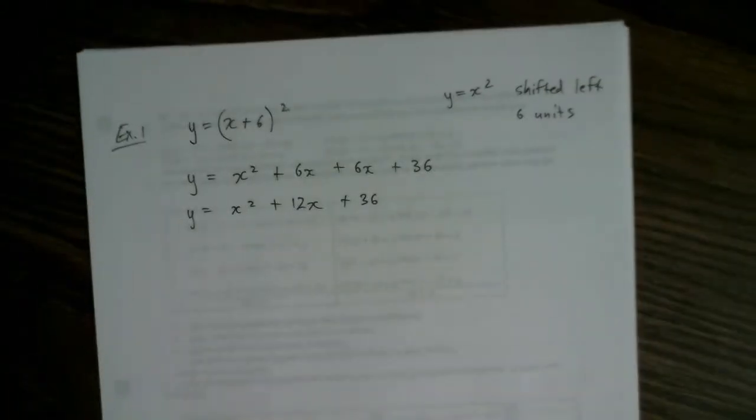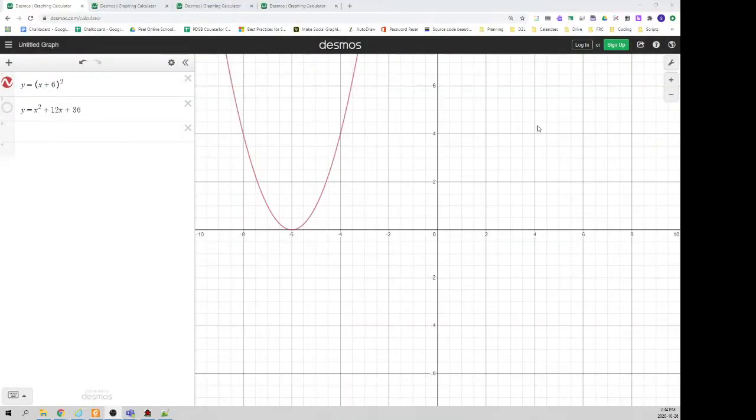This quadratic relation has the same graph as the original. If we compare the two in Desmos, just to be sure, we can put in both, and we see that they are the same graph.